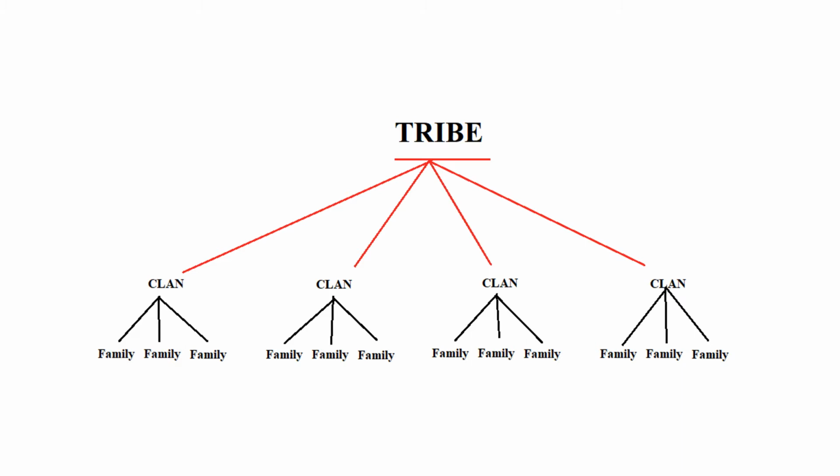And so they're all kind of together in this one large group that are kind of related, and they'll usually speak the same language and believe a lot of the same things.